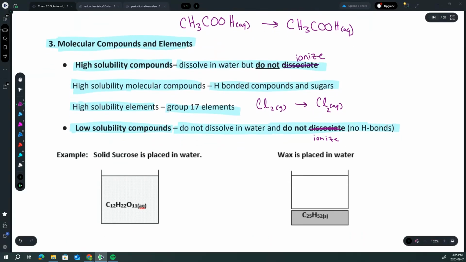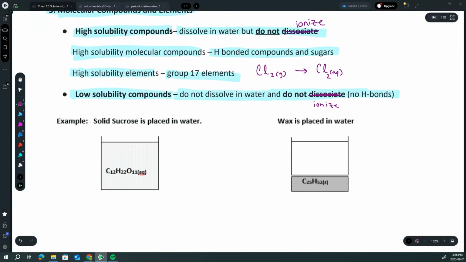Essentially, if it falls outside of group 17, it can't hydrogen bond, which, as a reminder, occurs in any molecular compound that has hydrogen directly attached to nitrogen, oxygen, or fluorine. So if it's not a compound that can hydrogen bond, or if it's not a sugar, it is going to be low solubility.